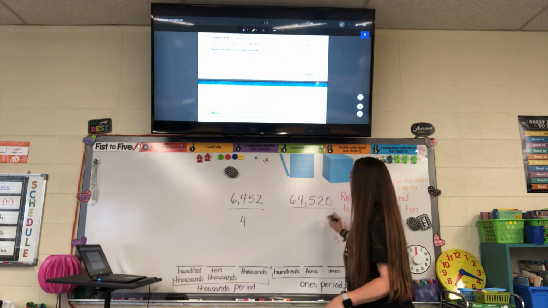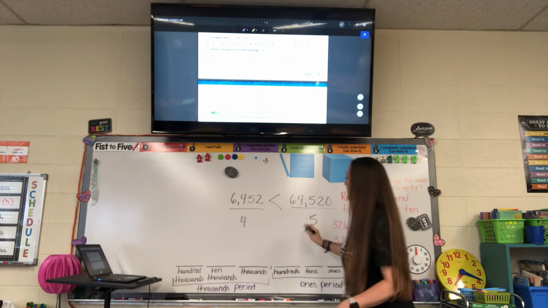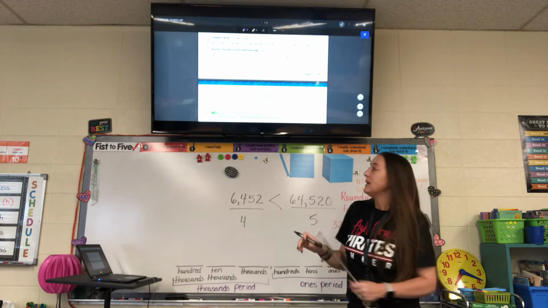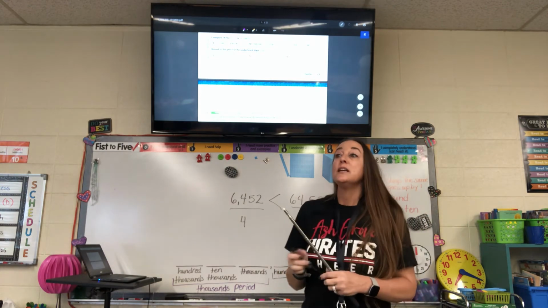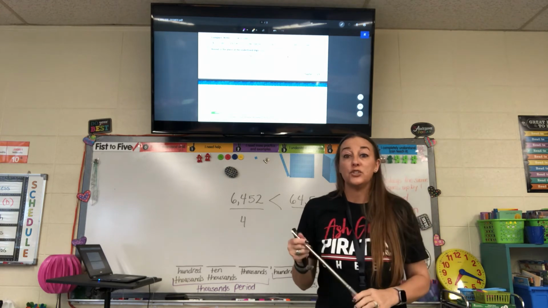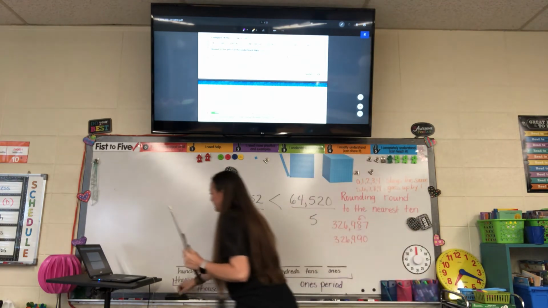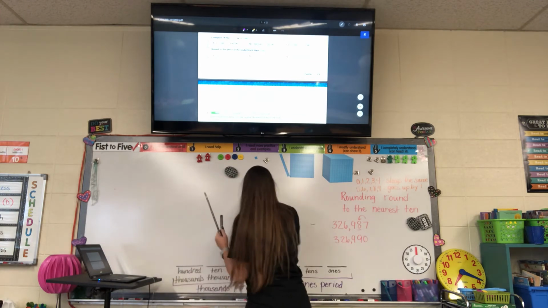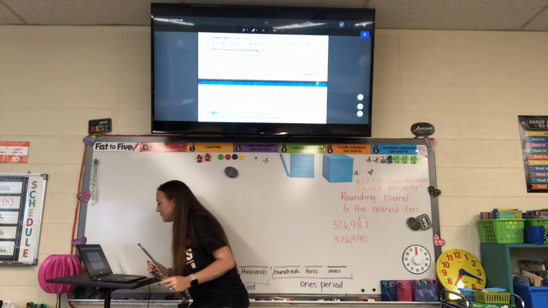How many digits does this number have? 5. 4 is less than 5, so automatically, if the number of digits doesn't match up, the number with more digits is always greater. Okay, so watch those closely, and that's for number 9, 10, and 11.